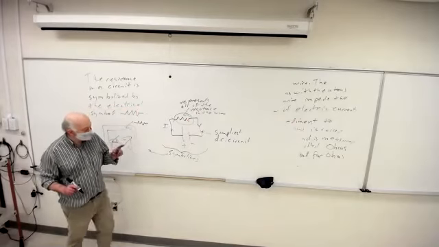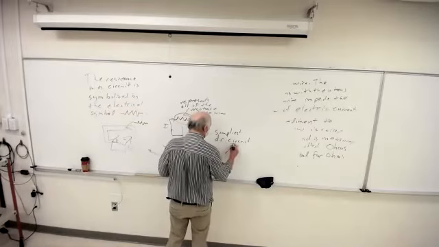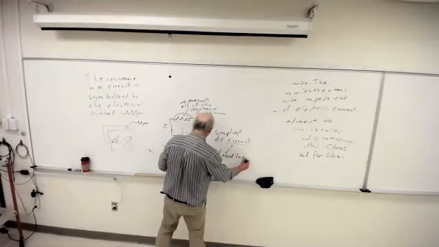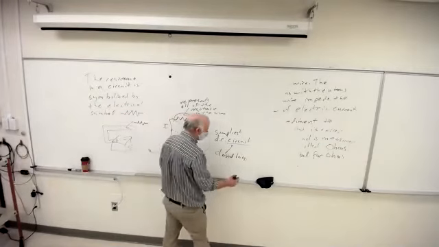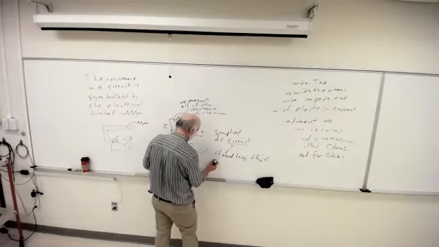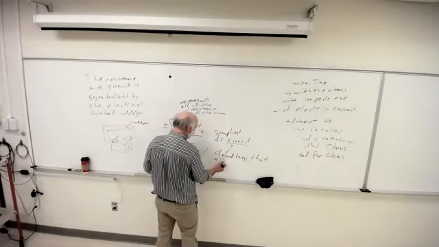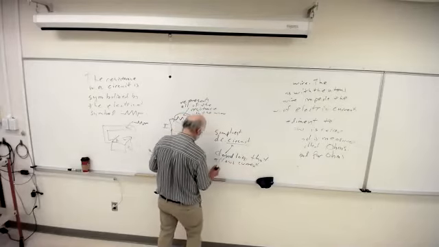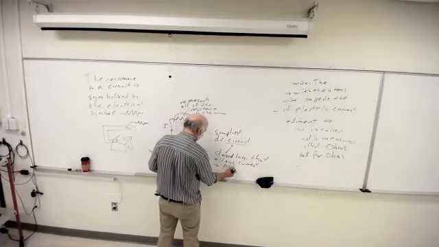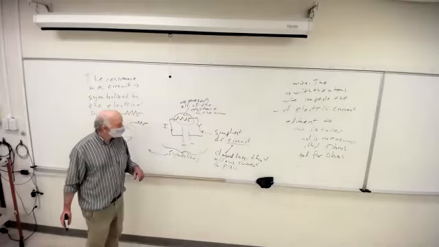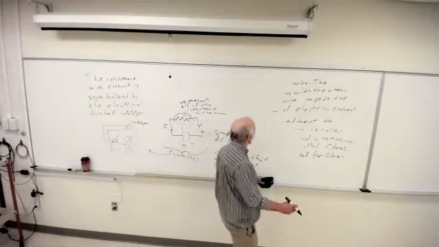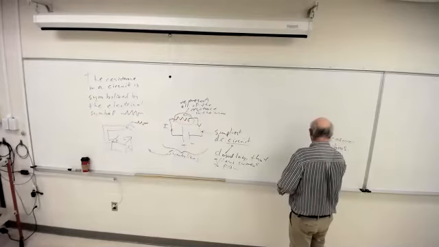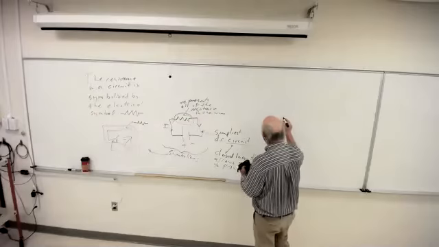Now, the reason why it's a circuit here is that you have to have a closed loop. This basically means a closed loop. So here I have a closed loop that allows current to flow. Let's say I had a switch in here. Let's say I had this circuit.